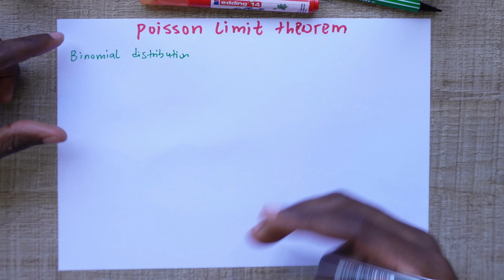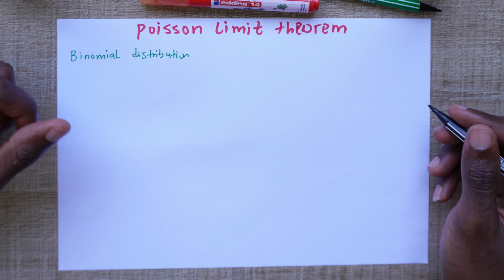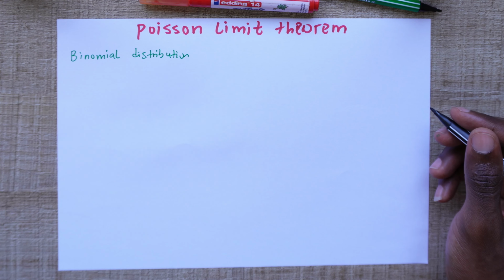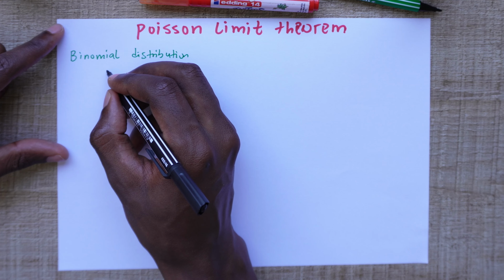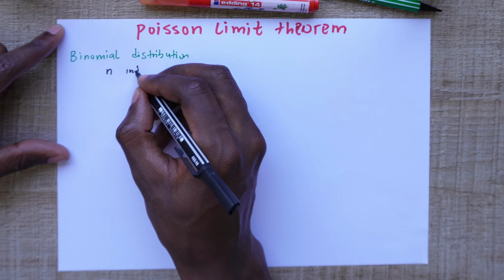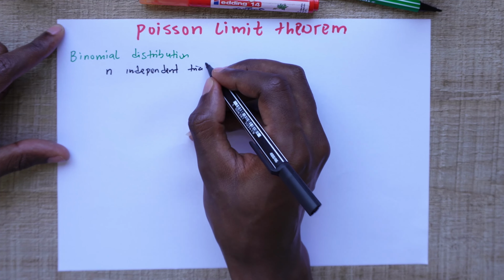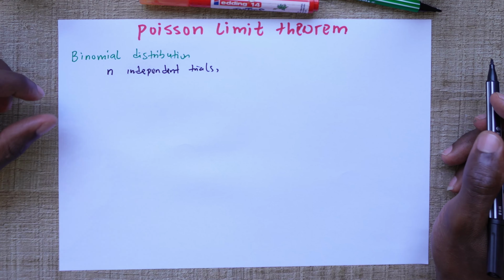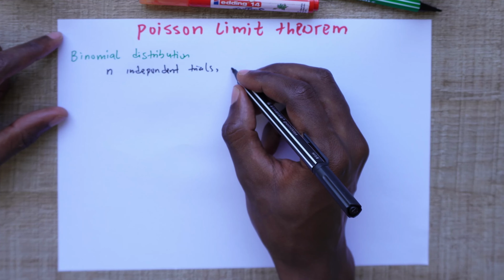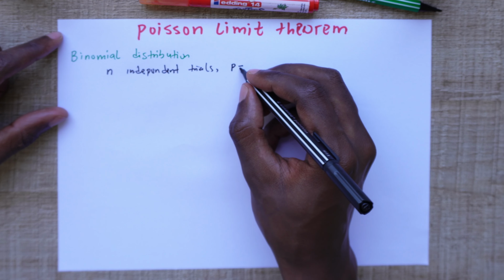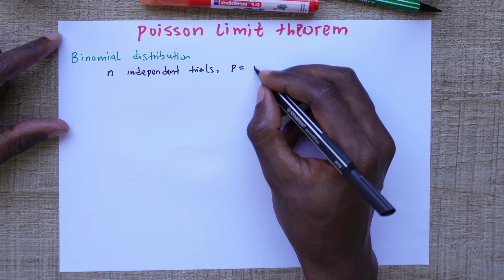Suppose you are performing an experiment. It could be throwing a coin or maybe tossing a die. Then if you perform, let's say, n independent trials, and your goal is to have, let's say, heads, if it's a coin, we are going to denote p the probability of success, which means the probability of obtaining heads.